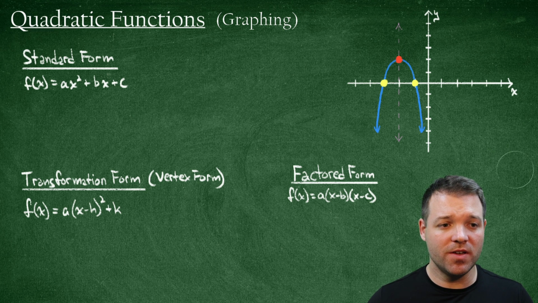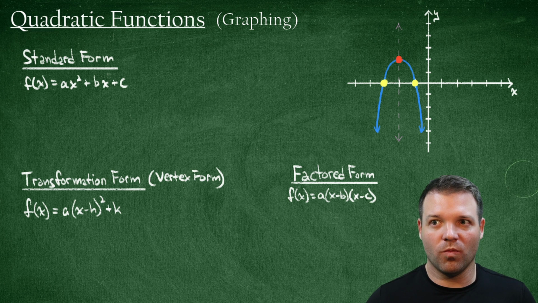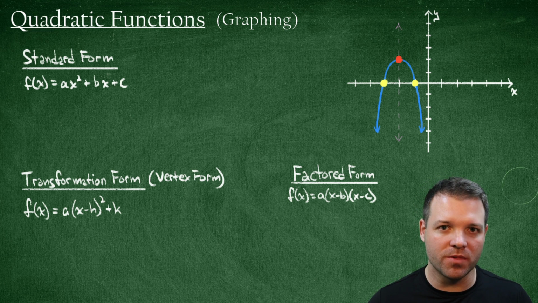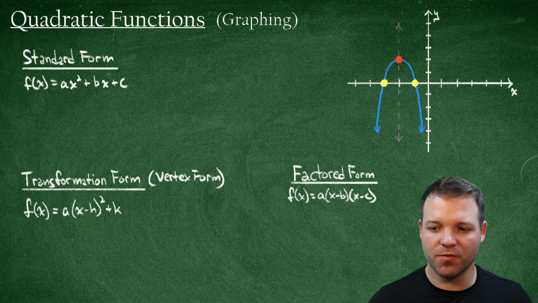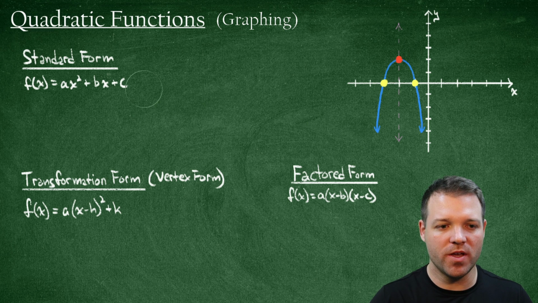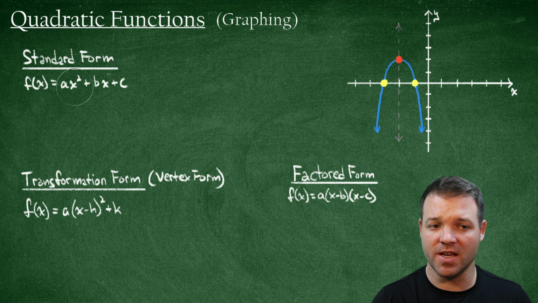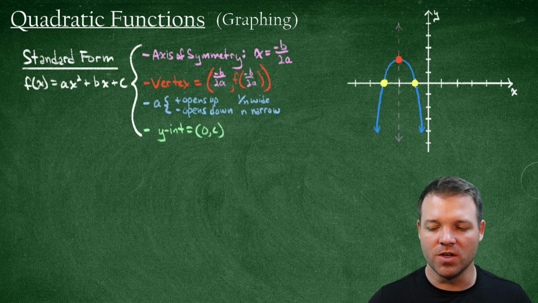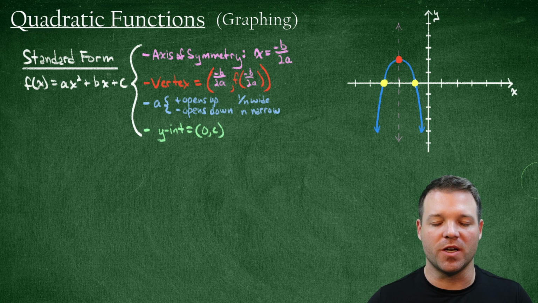So given each of these, what are some of the advantages and disadvantages if we want to graph from one of these forms? Well, let's first cover standard form. If you get a quadratic in standard form, ax squared plus bx plus c, what does that give you, or what's easy to get from there?